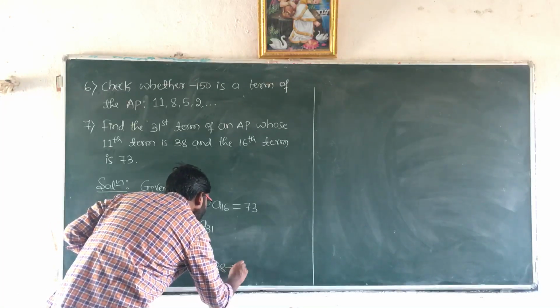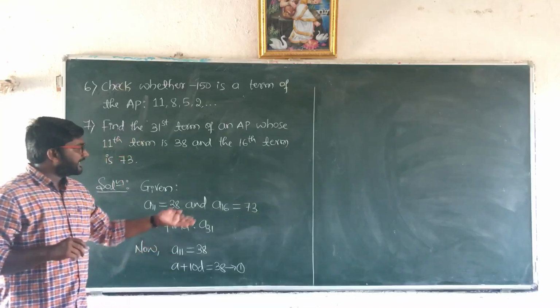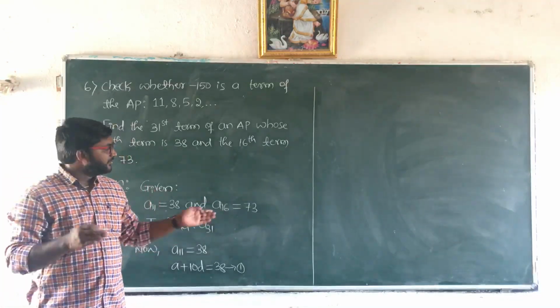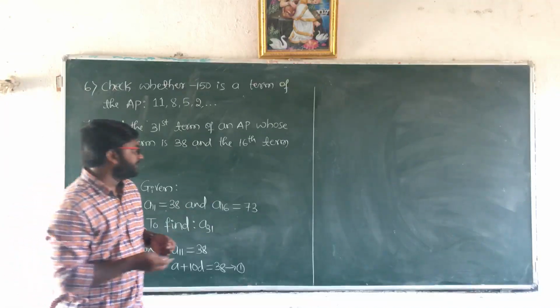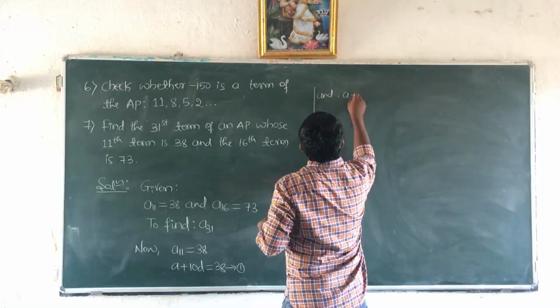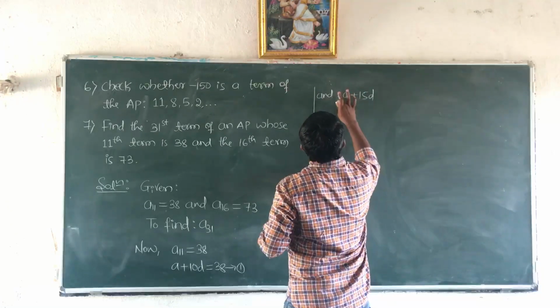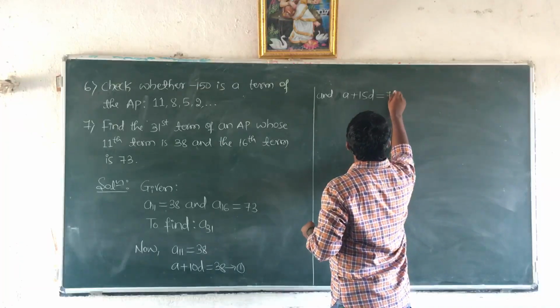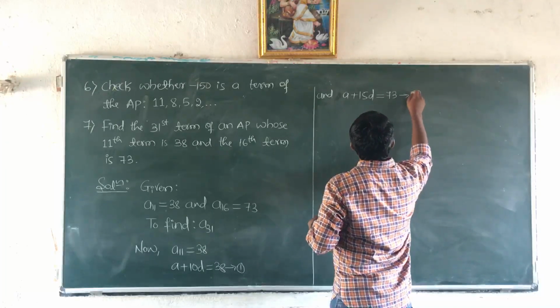I call this equation number 1. Then I will go for this one. How do you write the 16th term of an AP? That can be written as A plus 15D, which is equal to 73. I call this equation number 2.